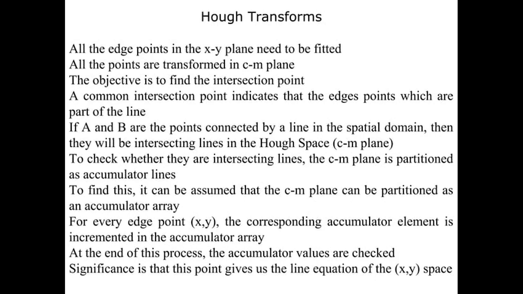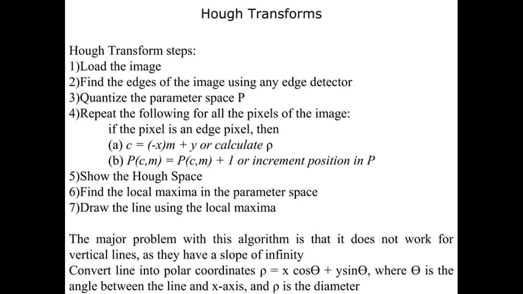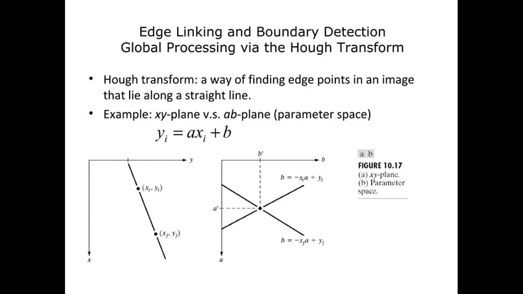How the edge points are connected is given in detailed, very clear steps, and we can use these steps to find the algorithm. We have only 7 steps and they have to be repeated. By applying that Hough transform algorithm, we can connect the edges, so the disconnected edges can also be connected.